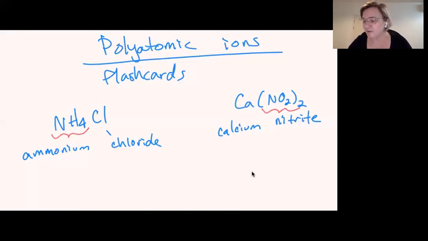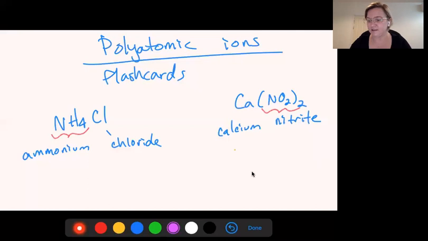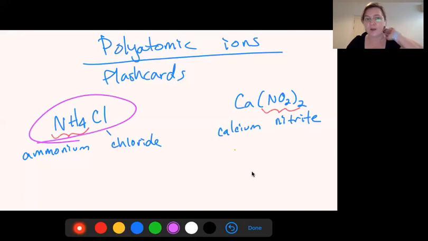Now, when you're looking at these formulas, there are some clues that tell you what kind of system you're going to have to use. The big clue for polyatomic ions, I've used one example of each here. On the left-hand side for NH4Cl, you have more than 2 elements in the compound. That automatically tells you that polyatomic ions are involved somehow.